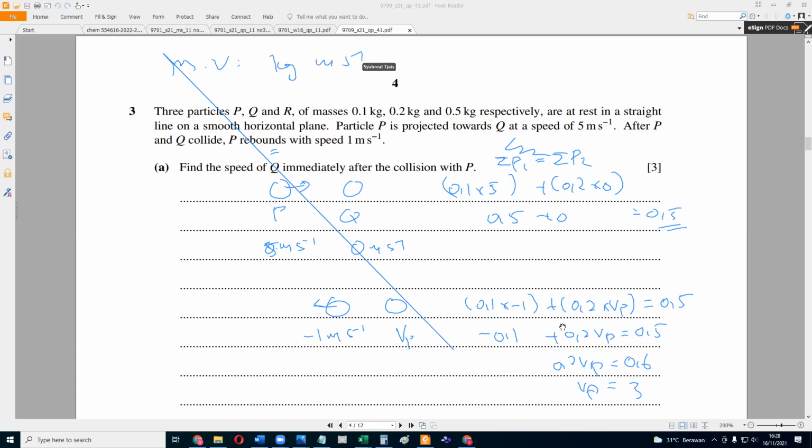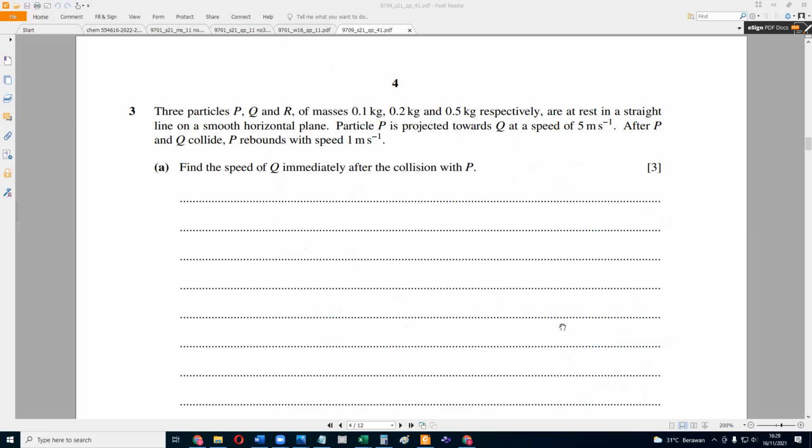So the formula for momentum is the mass times velocity. That's it. Total mass times velocity before is the same as total mass times velocity after. That's an easy 3 marks, I think. Can I erase? Yeah. Okay, good.